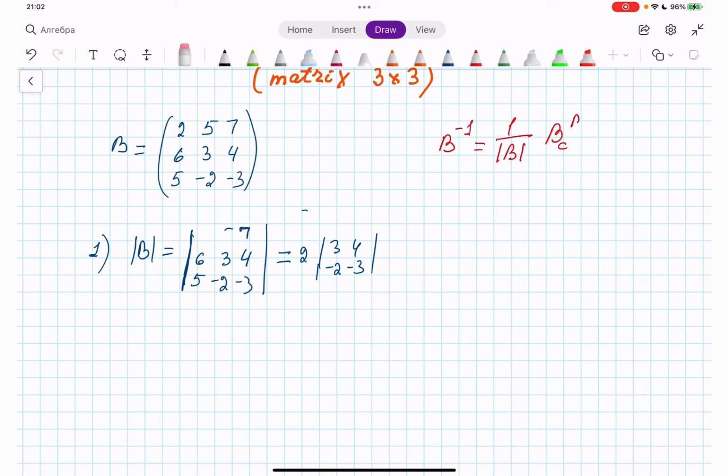I did the wrong thing, I shouldn't clean. 2, 5, 7, okay. Next, we are doing -5, scratching this row and column, and I will have 6, 4, 5, and -3 left over.